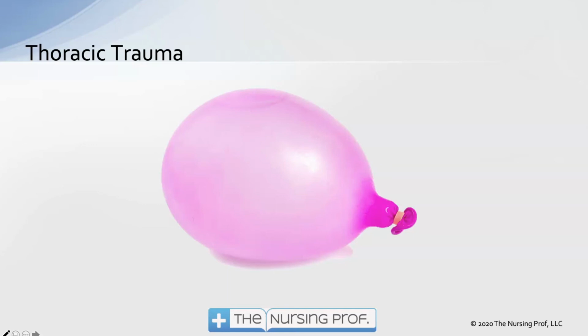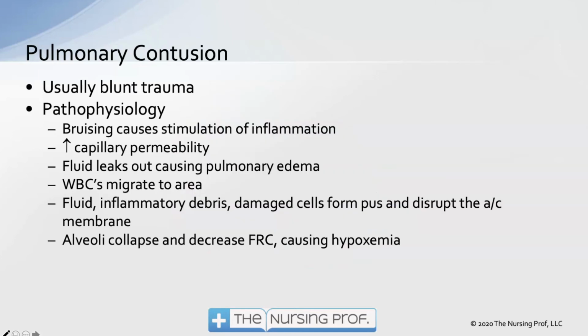Blunt trauma to a solid organ typically makes it explode. Penetrating trauma, it just leaks. So when we're talking about the different types of organs, we need to be aware of whether it's blunt trauma or penetrating trauma, because one or the other is going to typically be worse for that type of organ.